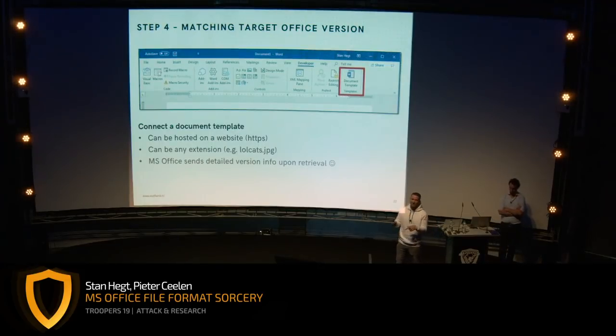So you can just create an empty document, completely empty, connect a template, and a template can be on a website. So you can just point it to a website, which can be HTTPS. It can be any extension, so it doesn't have to be .dot or .m for a template. It can be lolcats.jpg, you can point it to there. And upon retrieval, Microsoft Office actually sends its detailed version there.